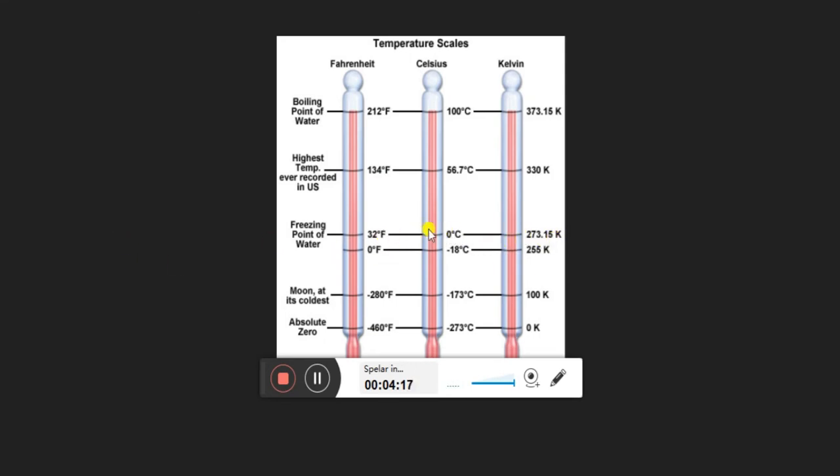When we talk about degrees Celsius, there will be 100 parts from 0 to 100 degrees Celsius, whereas in Fahrenheit there will be 180 parts, between 32 and 212. And in Kelvin, 273 is the minimum, the freezing point, and then there will be 100 parts. So this is the comparison between all three scales of temperature.